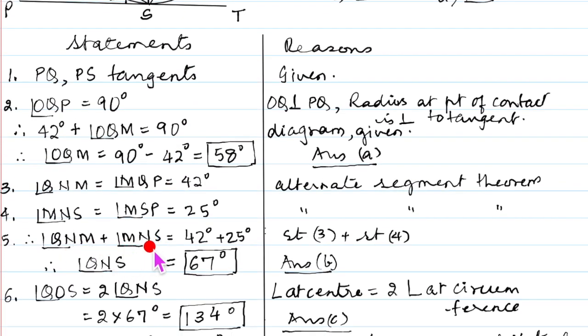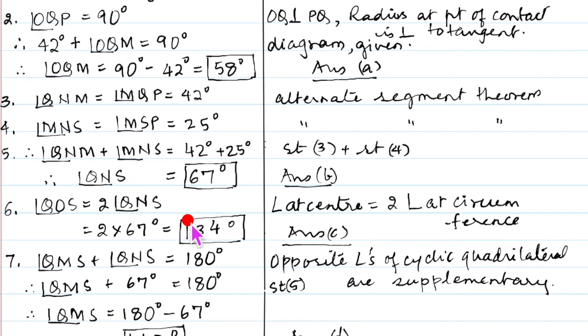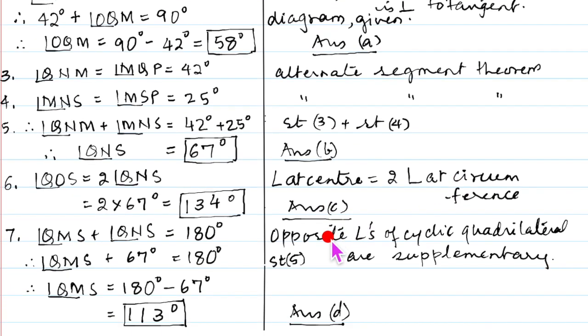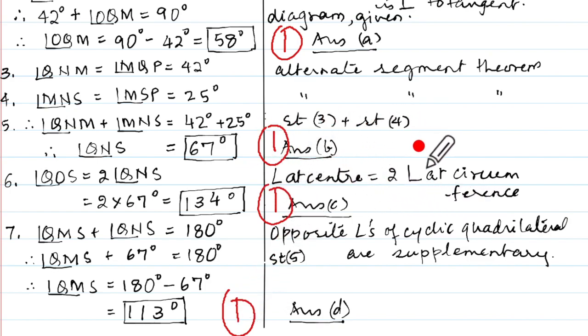See there? And that is because of the diagram. Then we come to the last one. Angle at the center is twice angle at the circumference. So we have each one of these answers giving us 1 mark. If we do not write some of the statements, your examiner can cut your marks.